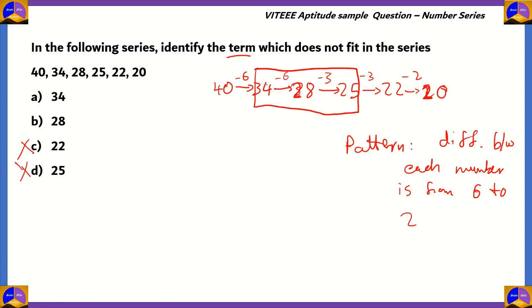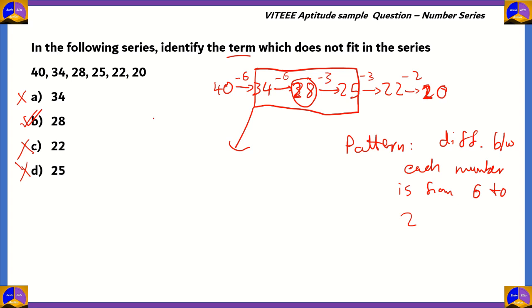Similarly with 34, if we were to remove 34 and replace it with another number, then the difference between that number and 40 will not be 6. So option A also fits in the series, so it's incorrect. The right answer is option B, 28. It's because of the number 28 that 34 and 28 have a difference of 6, and 28 and 25 have a difference of 3.